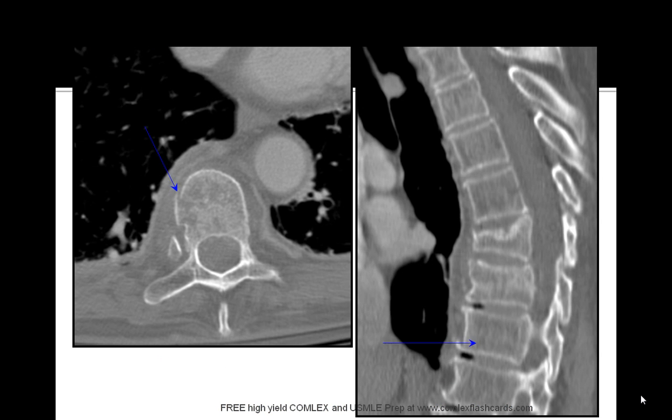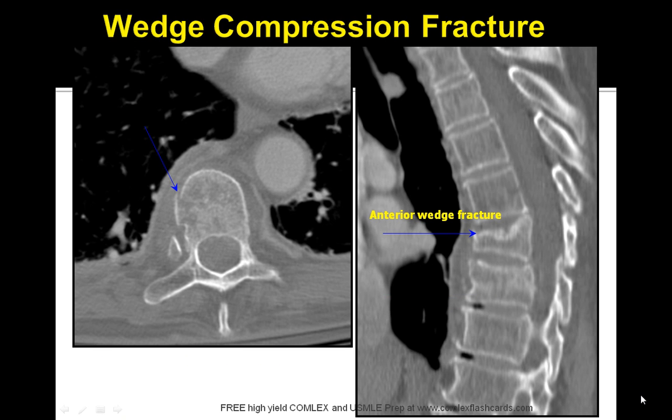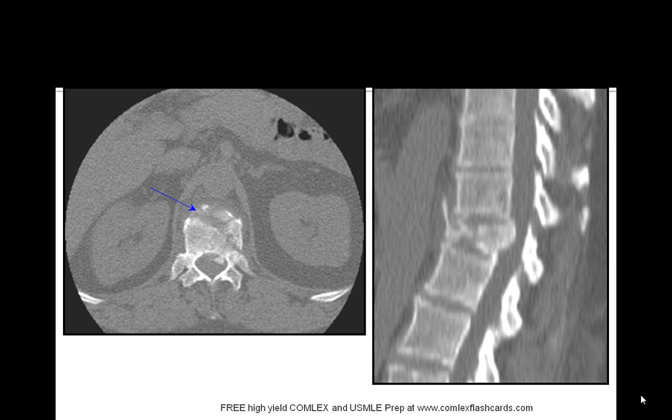So let's take a look at some of these cases here. You have an anterior wedge fracture, and this is a wedge compression fracture. Clearly you can see this, and you don't want to miss this as you are on the wards and preparing for the board exam. Another sign here, clearly easy to see, and this is a characteristic burst fracture.